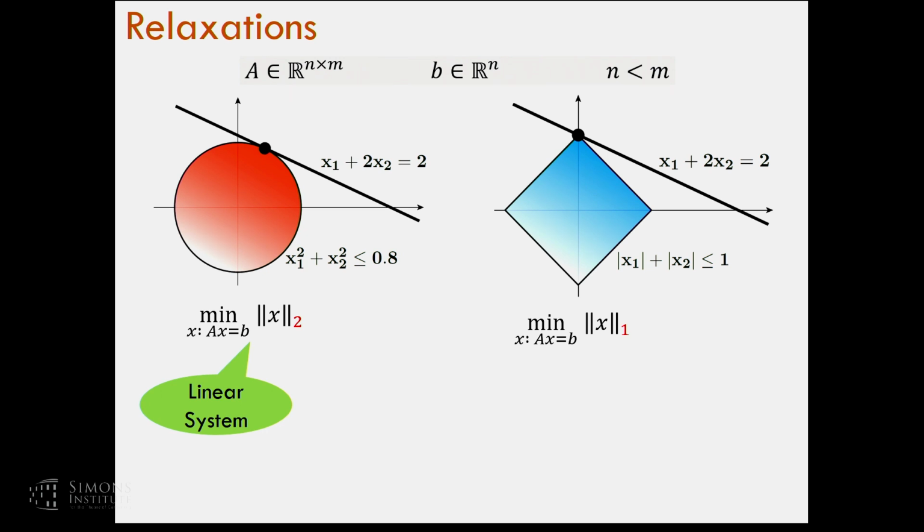At the origin, start growing an L1 ball until it touches your subspace. And at least from this picture, which is in 2 dimensions, you get some idea that maybe this is a better thing to do if you're looking for solutions which are more sparse.